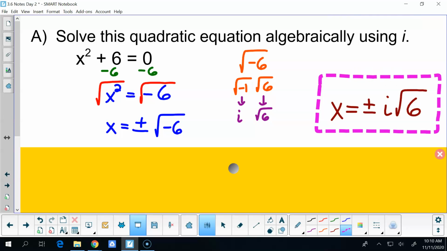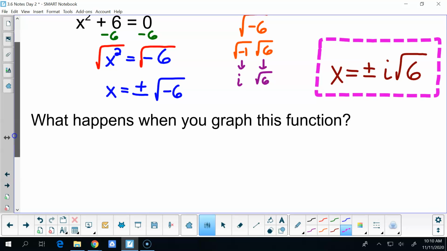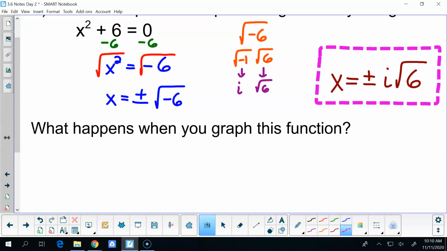Now, if I were to graph this function, zeros, roots, solutions are where the function or the polynomial crosses the x-axis, that horizontal axis right there.